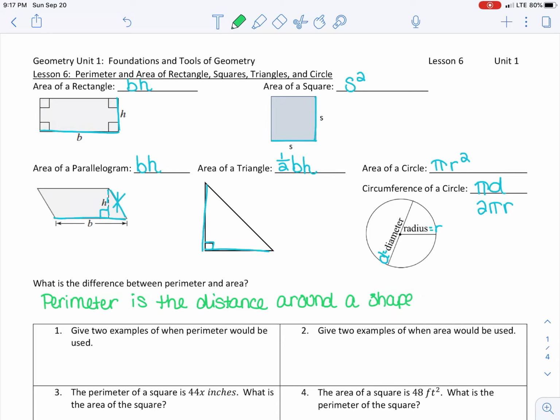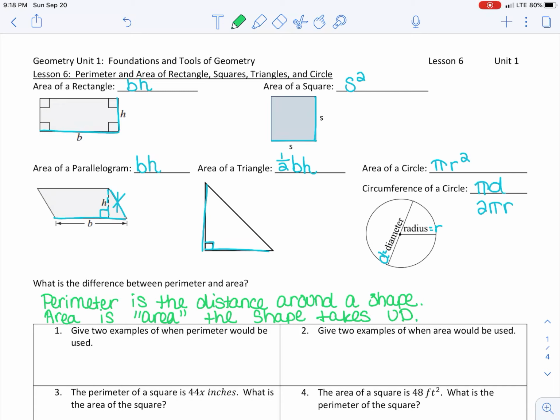And then the area is basically how much space that particular figure takes up. So how much space is that shape taking up? That's what the area is.